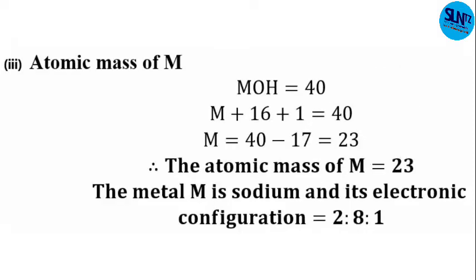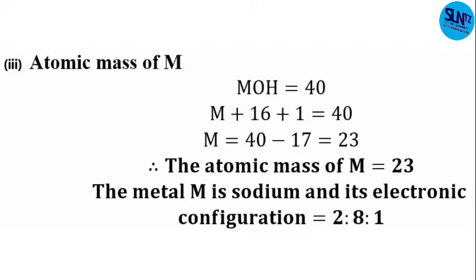Atomic mass of M. After finding the molar mass of the whole compound Y, we are supposed to take the atomic mass of oxygen plus the atomic mass of hydrogen and subtract it from the molar mass, and the rest will be the atomic mass of metal M. So 40 minus 17 is equal to 23.